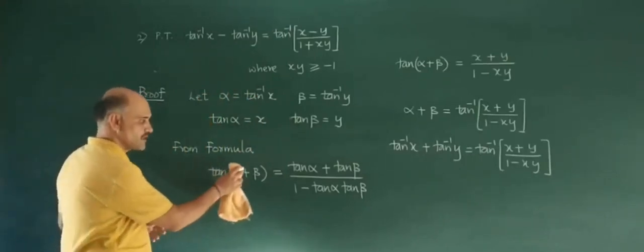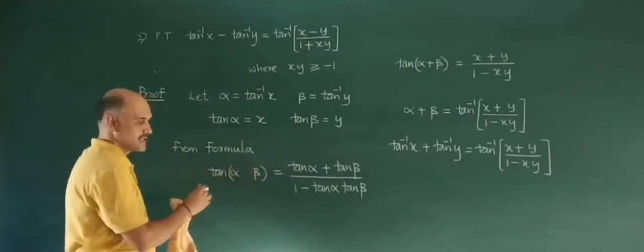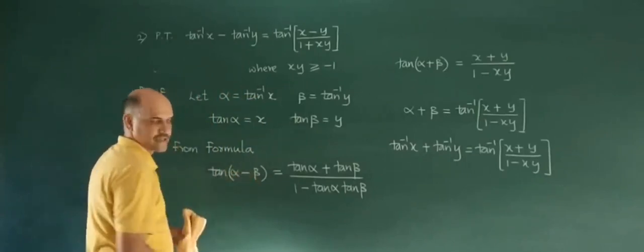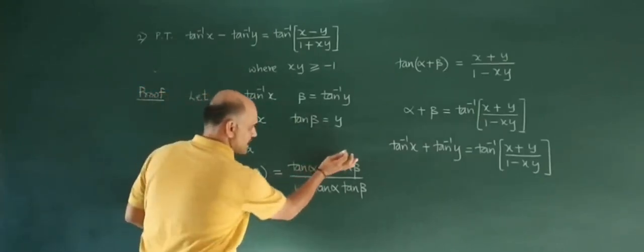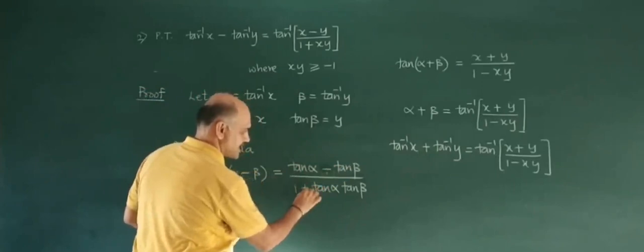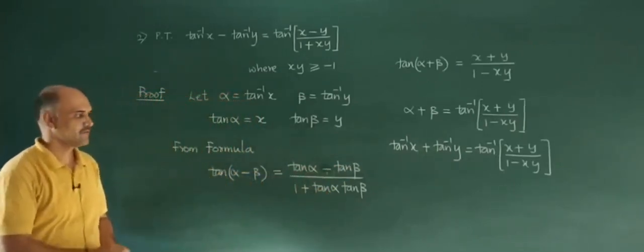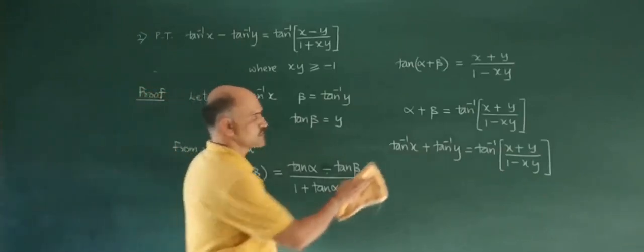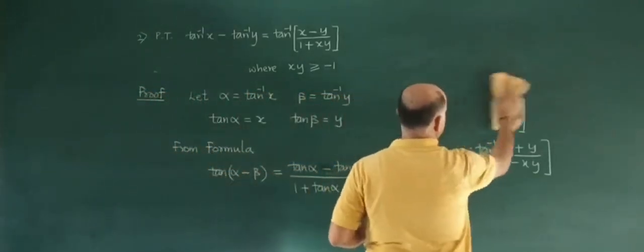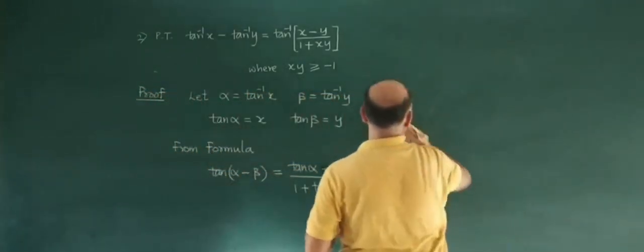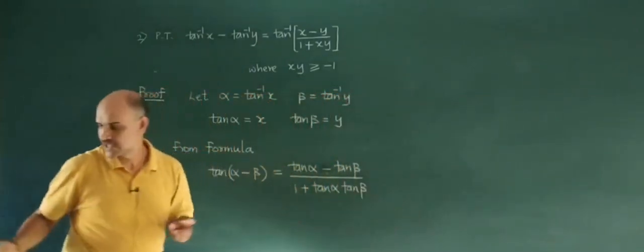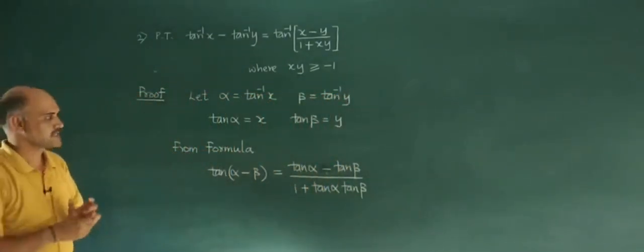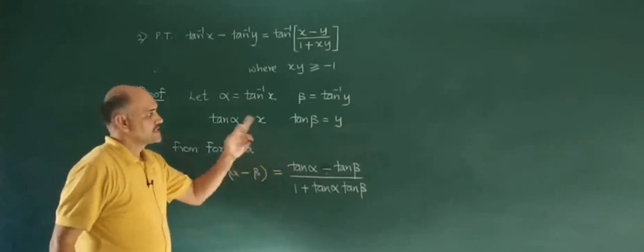So the formula you are required to use is tan of alpha minus beta is equal to tan alpha minus tan beta divided by 1 plus tan alpha into tan beta. So substitute the values, and in another 3 steps you will have the answer. So tan alpha is x, tan beta is y.